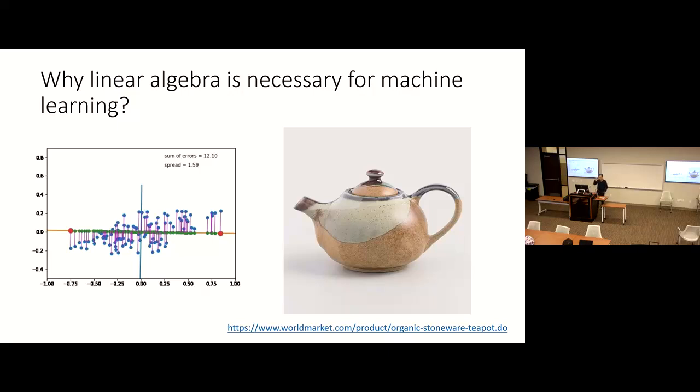What's an application for this? I gave you an object, in this case a teapot. I got this from a world market. I don't know if this link still works. But to give you a hypothetical situation, I only allow you to show one picture, so which angle do you want to use to show people the most features of this teapot?